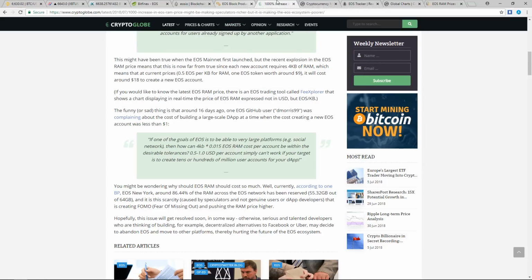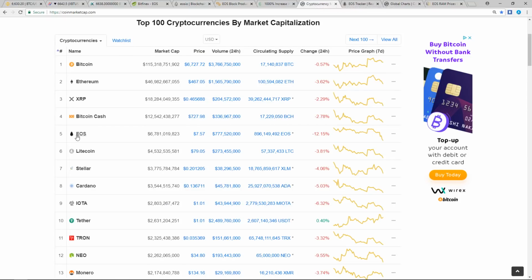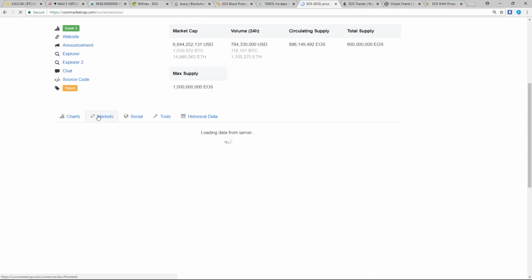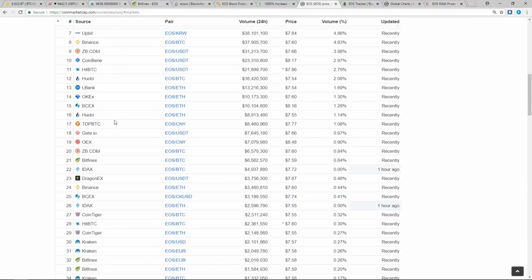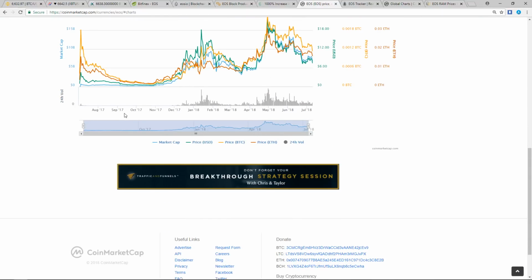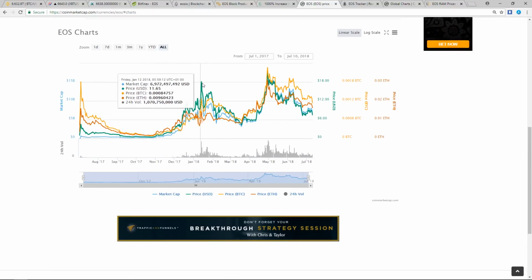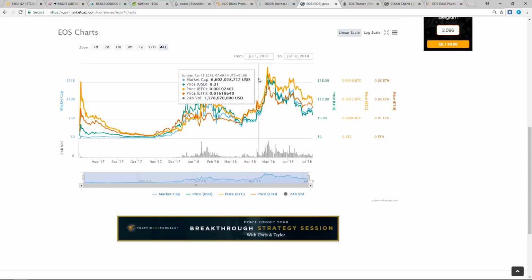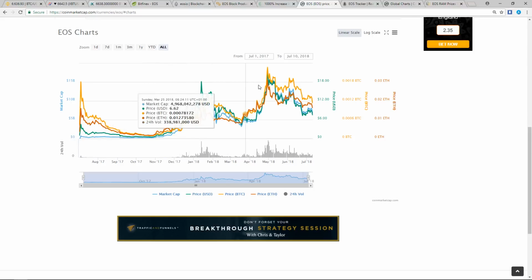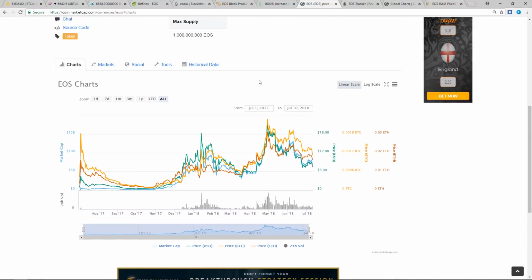And what actually happened, this is my view of things, is that when EOS was very cheap, back at 50 cents in November, the whales started buying these tokens, pumping the price, buying cheap RAM and cheap tokens, creating their block producers.